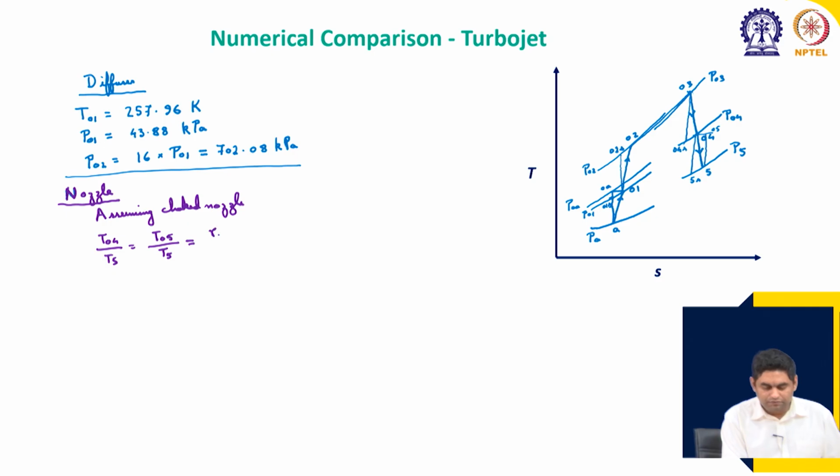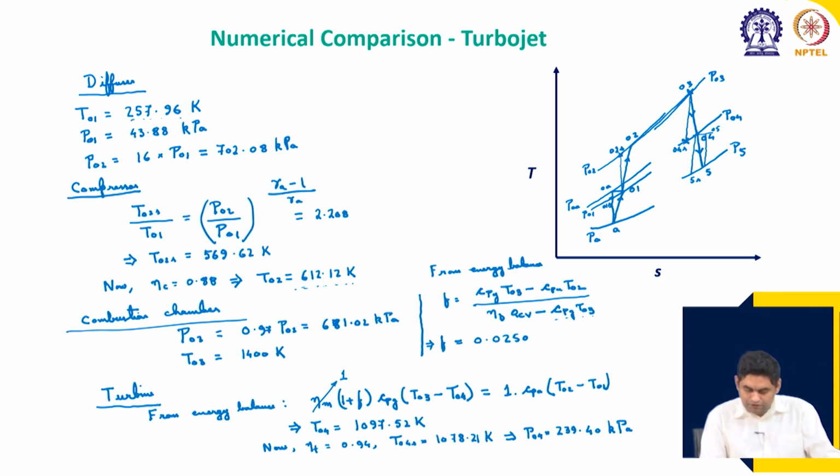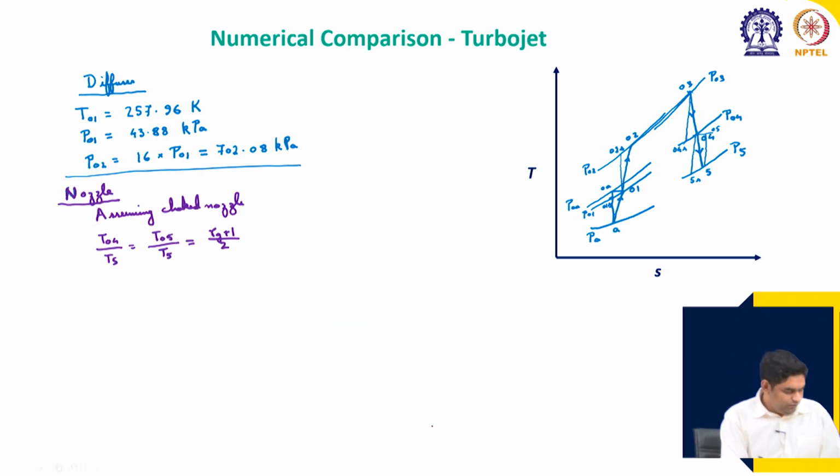This is equal to (gamma plus 1)/2. T04 and T05 we already know is 1097.52, so from here we get the value of T5.